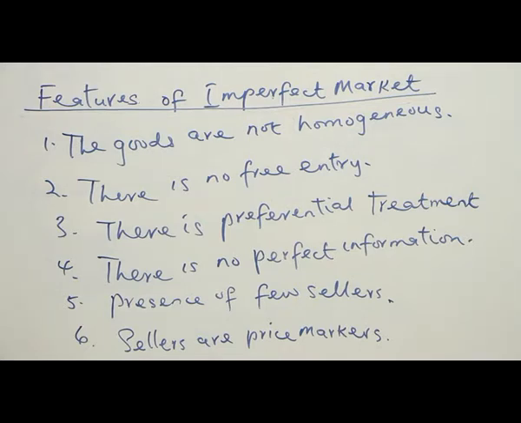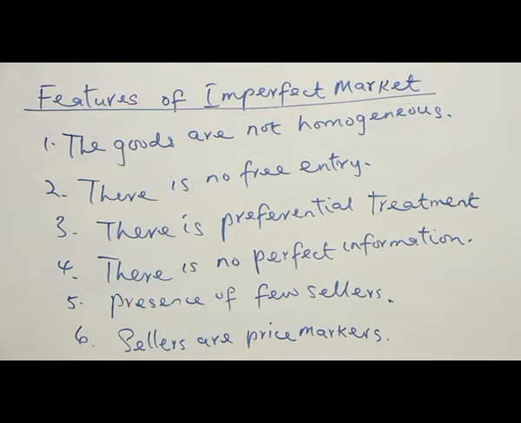So here, there is no free entry unless the firm is very strong in entering the industry. In an imperfect market, they will not allow other firms to come in, only if the firm is strong enough to enter the market.